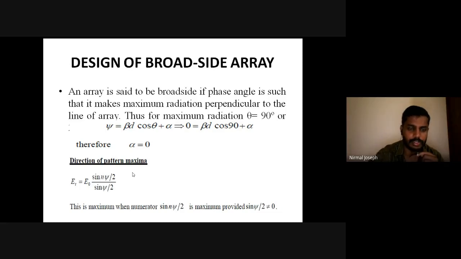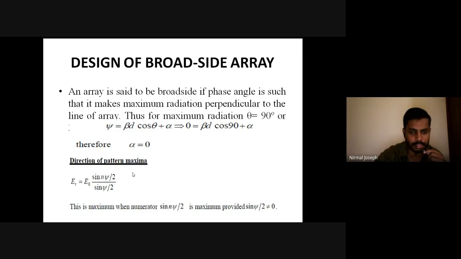Now, this is the basic step. First, we want to find out what alpha is. For that, what we have in hand is that for the broadside case, theta will be 90 degrees. Then we find the value of alpha. Then we find the direction of pattern maxima and pattern minima and the major lobe width.